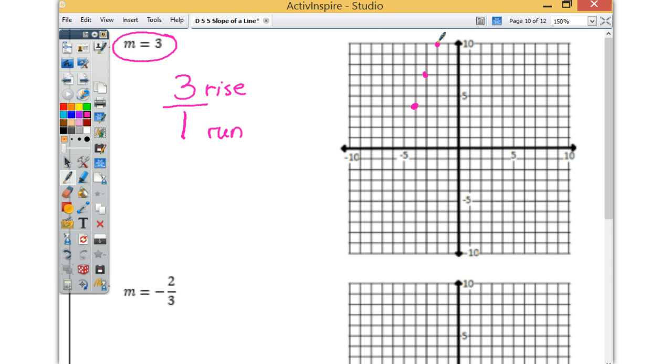I don't know if you guys did, but I did. So I'm going to go back to my original point here, and I'm going to go backwards. Instead of right 1, up 3, I'm going to do what? Left 1, down 3. See how it extends my line? Now that line has a slope of a positive 3.